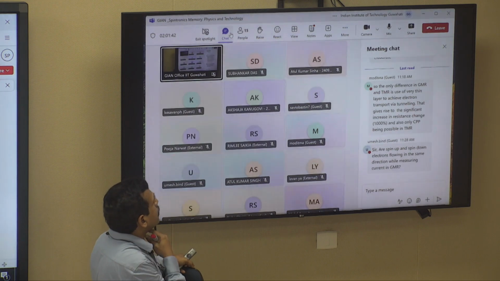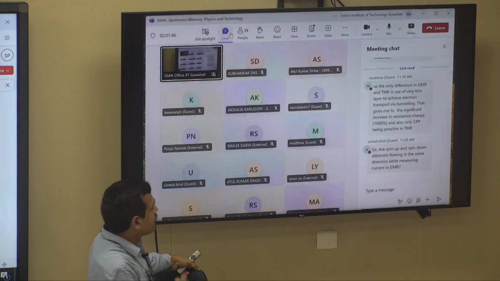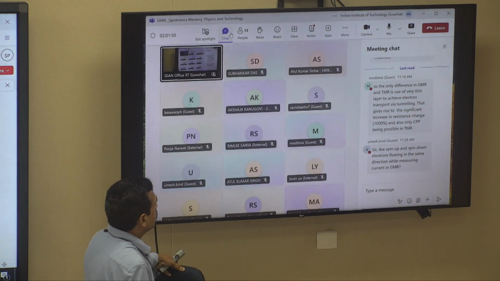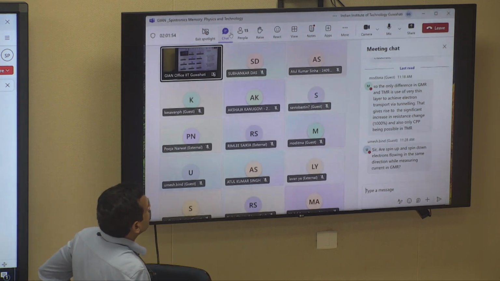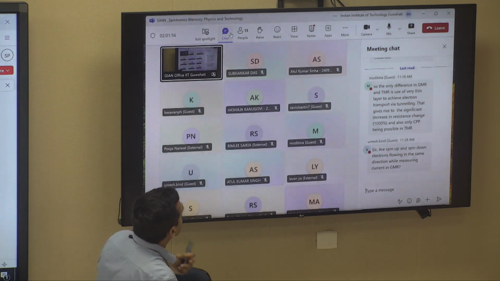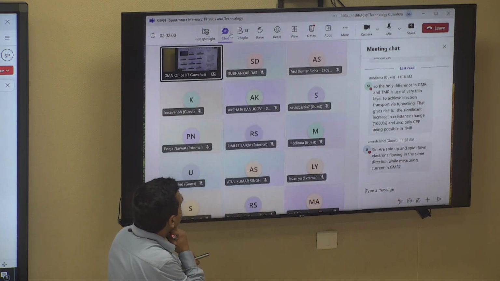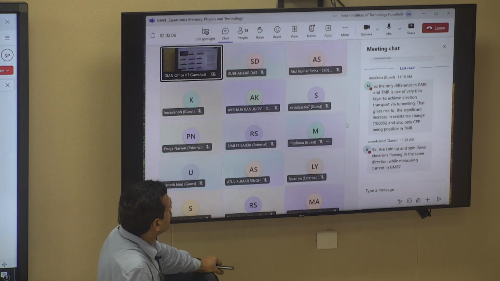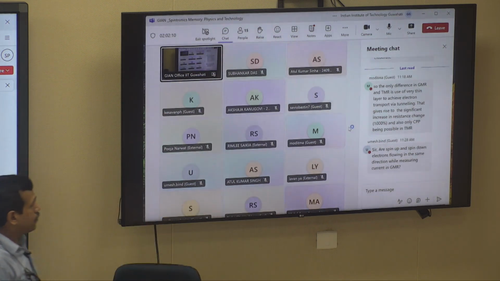So, both spin up and spin down electrons are flowing in the same direction, but you can imagine that they are flowing in two different channels. Okay, one additional point I wanted to add: in GMR it is spin dependent scattering, in TMR it is spin dependent tunneling. Okay, that is the difference.